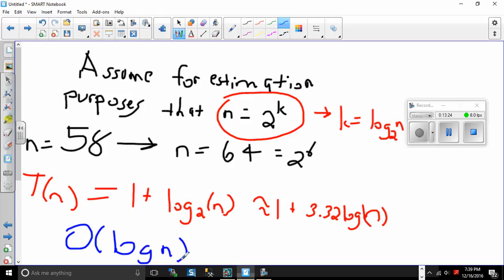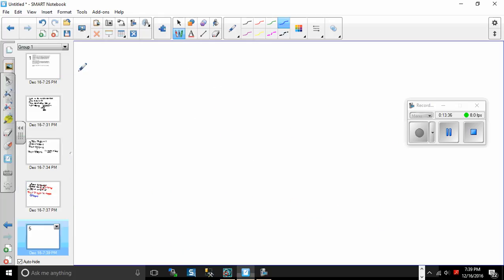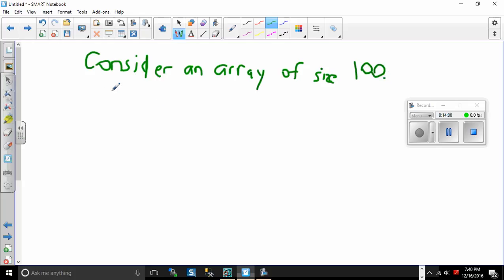So let's see here. Let's consider an array of size n equals 100.